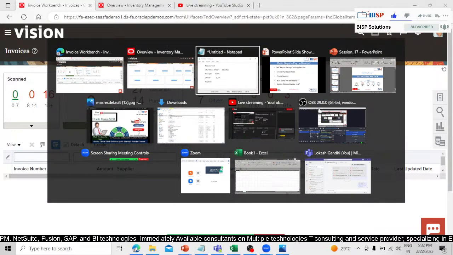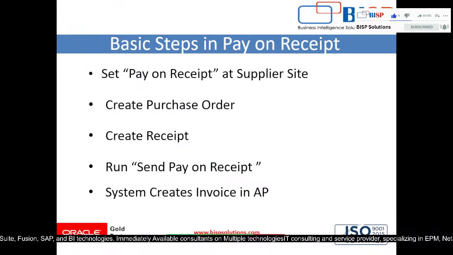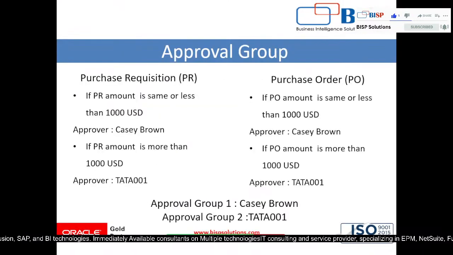Now let's move to our next topic, that is approval group, right? So in our application we have the approval groups who can approve requests like requisition, purchase order, invoices. So you can define the groups over here, right? Like we have the purchase requisition.